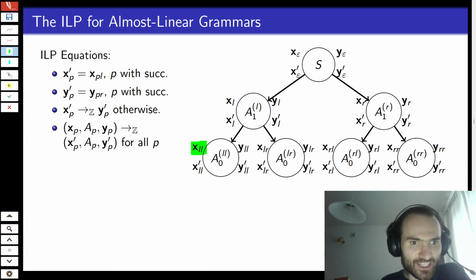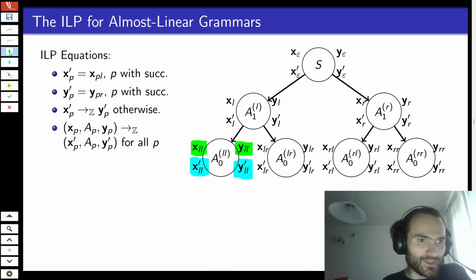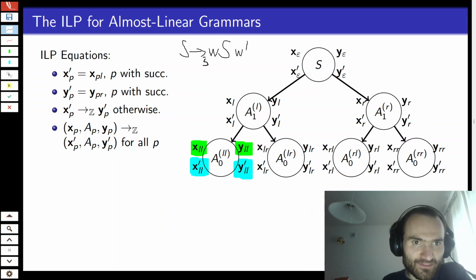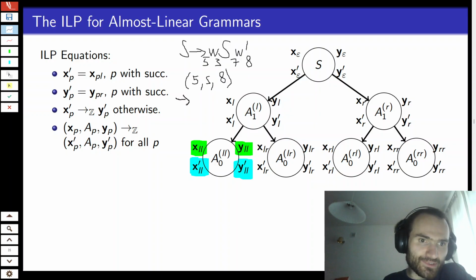What do we want to have as relation between these guys and these guys? This is arguably the most interesting. What's supposed to hold between these? Well, remember we want to describe the situation that there is a cycle or a context S goes to W S W prime, and we want to describe where W starts and ends and where W prime starts and ends. And so if W, say, starts at 5, ends at 3, and here we have 7 goes to 8, then we would describe this as the pair 5 S 8 goes to the pair 3 S 7.